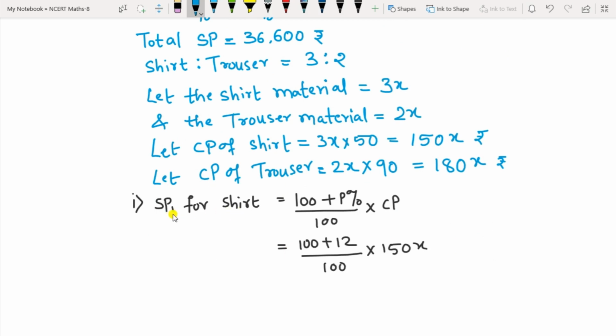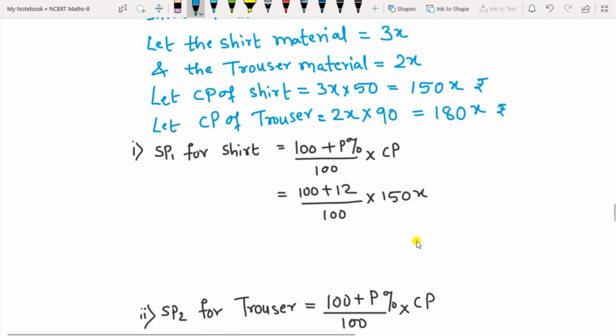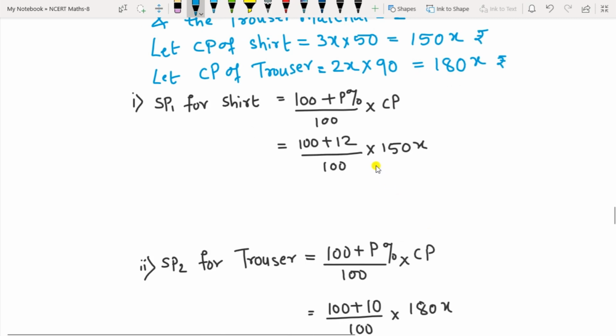Let it be SP1. Formula is 100 plus profit percentage upon 100 into cost price. For shirt we have to take the cost price for shirt, that is 150x. Now solve it. So this will be 112, 100 plus 12 is 112 upon 100 into 150x.